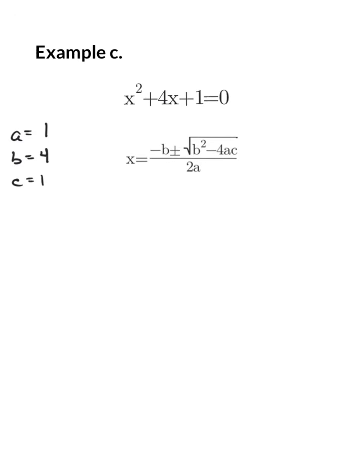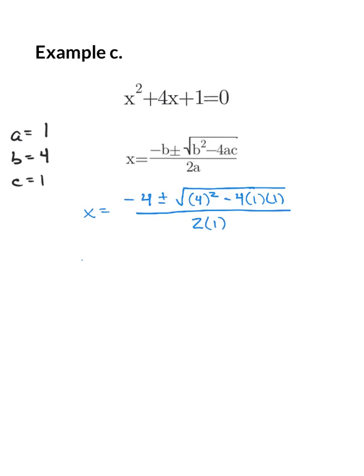And so if I go ahead and plug in these values, I get x equals minus b, which is 4, plus or minus the square root of b squared, which is 4 squared, minus 4 times 1 times 1, all over 2 times 1.